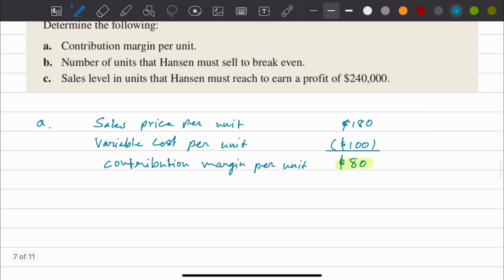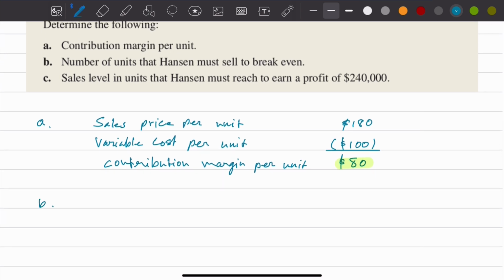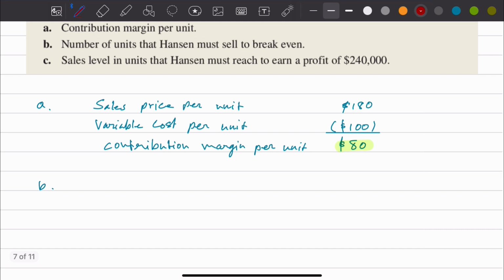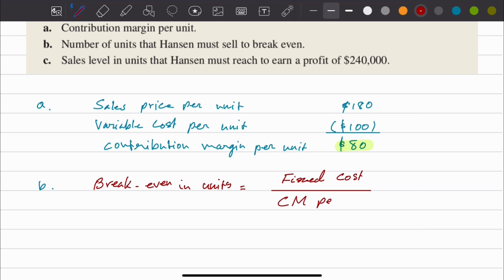All right, so that's going to be B. And since we already have calculated the contribution margin per unit, it just makes sense to use the contribution margin method, which states that the break-even in units equals the fixed costs divided by the contribution margin per unit.